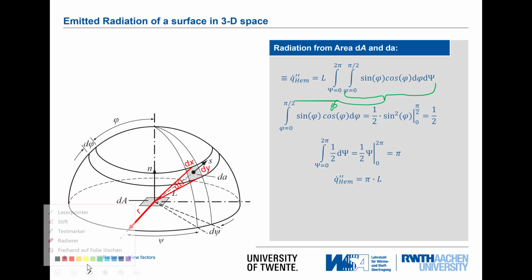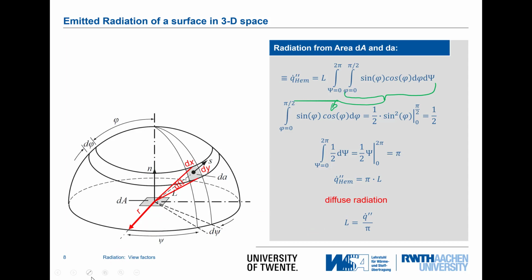And putting this in and doing the outer integration gives us pi. So at the end, q dot 2 primes hemispherical is pi times L. And we could do that because we assumed diffuse radiation. Or in other words, L becomes q dot 2 primes divided by pi.